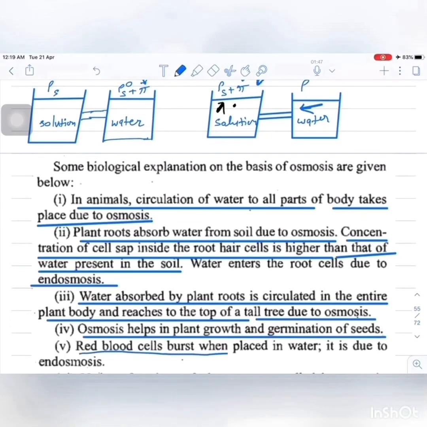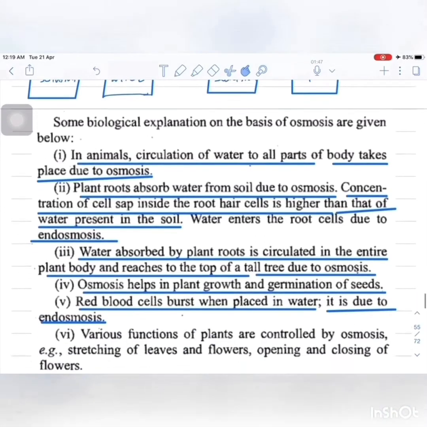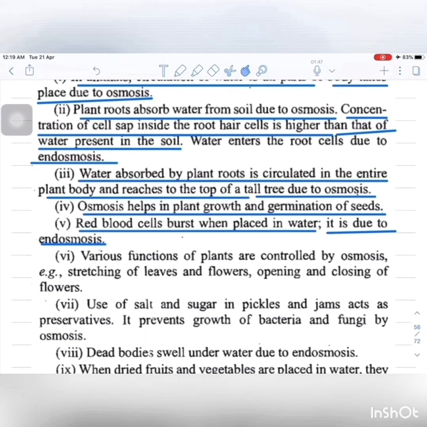Red blood cells, when placed in water, water enters them because water has low concentration as compared to red blood cells, and red blood cells will burst. Various functions of plants are controlled by osmosis.